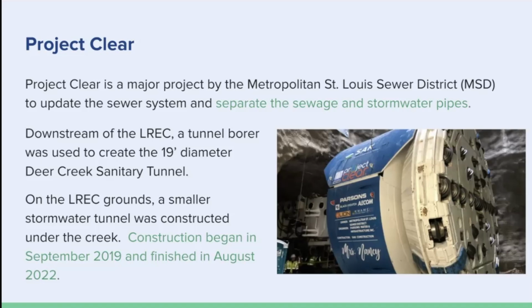Under Deer Creek, they replaced the old sewer pipe with a much bigger one, and also built big storage containers for overflow capacity for heavy rainfall. So again, the rainfall is much less likely to cause overflow.